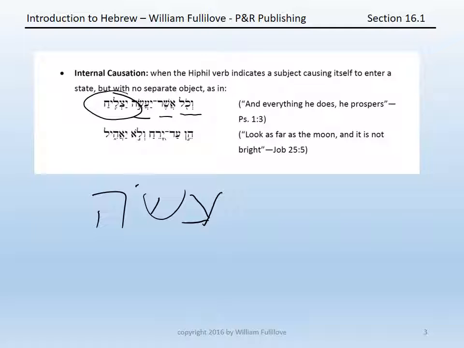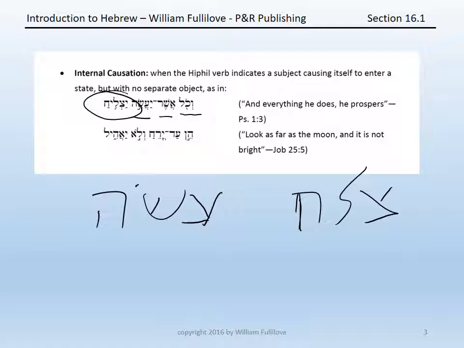And then the Hiphil form is yatzliach, Hiphil imperfect, third masculine singular from sade, lamed, chet, to prosper. So in this case, it's one who is making himself prosper, you might say. It's in the state of prosperity.